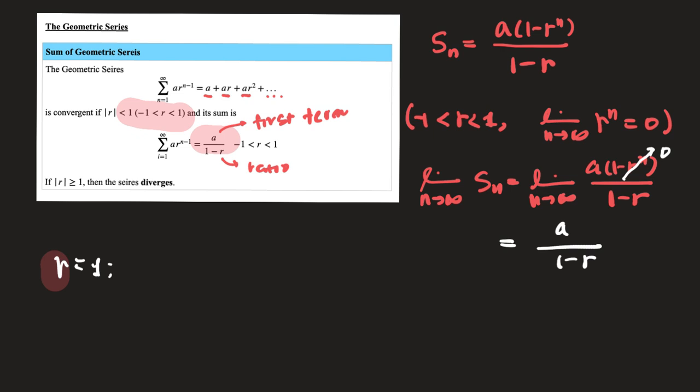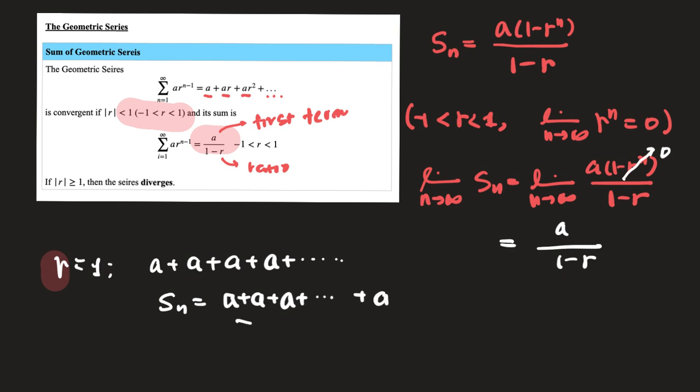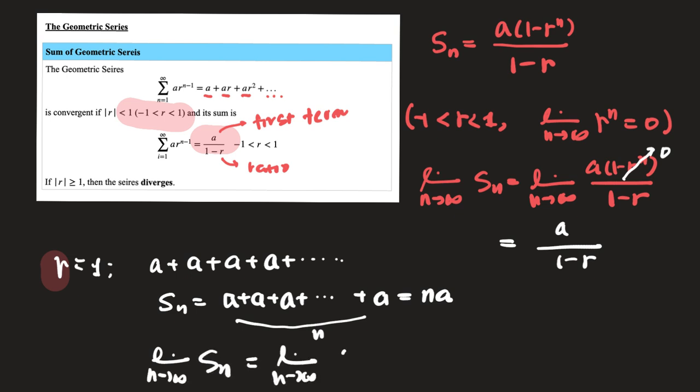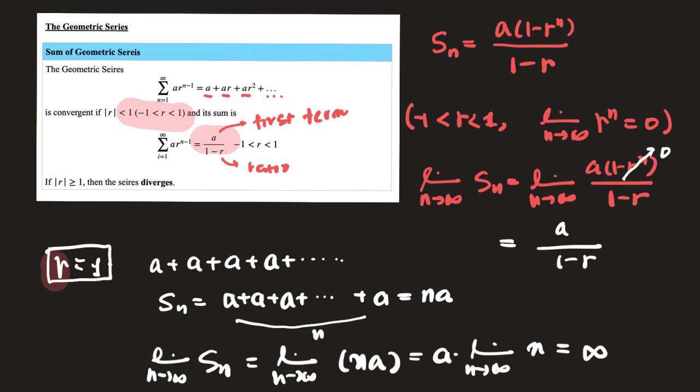Let's check r equal to 1 first. The geometric series looks like a + a + a + a + and so on. The partial sum Sn is a plus a plus a, n times, so Sn equals na. The limit as n approaches infinity of na: a is constant, and n goes to infinity. So this one is divergent when r is 1.